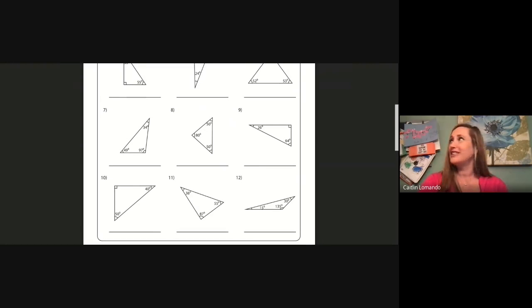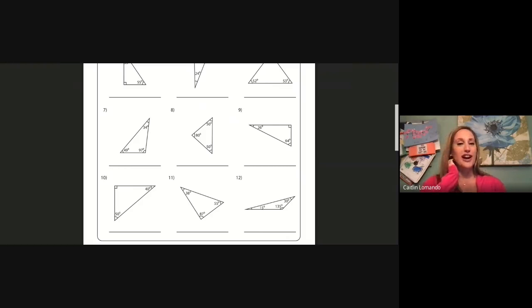All right, let's practice 3 more. Triangle number 10 has an angle of 50, an angle of 40, and a square in the corner again. Let's think about what that means. Let's pause and discuss. Triangle number 10 is a right triangle. The square in the corner means it is a 90-degree angle.